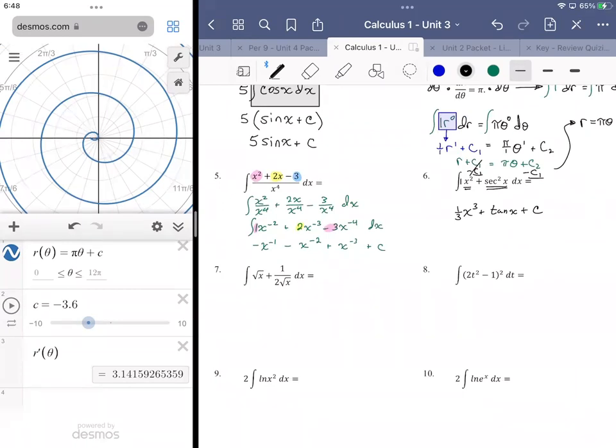Number 7, got to clean it up algebraically a little bit first, but that radical x can be thought of as x to the 1/2. I can take this x to the 1/2 and bring it up and make this 1/2 x to the -1/2.